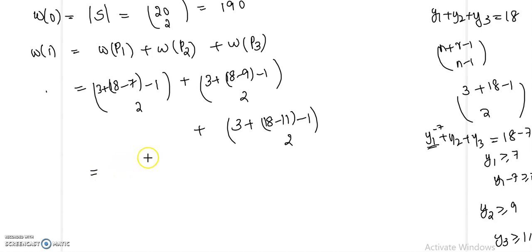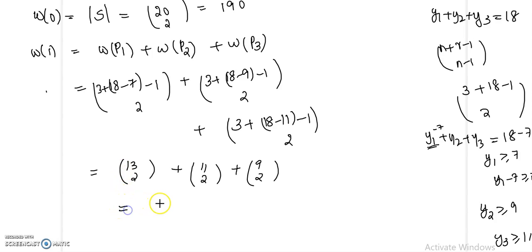So that will be 13 choose 2, 11 choose 2 and 9 choose 2. So you get 78 plus 55 plus 36. So the value will be equal to 169.